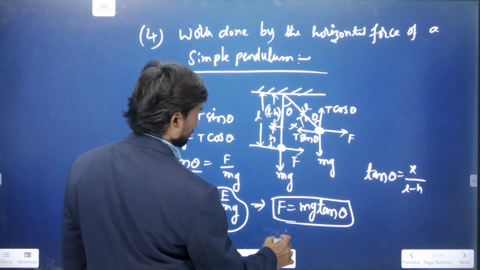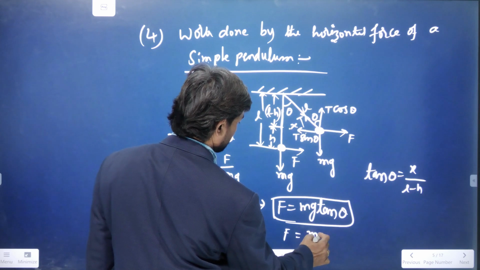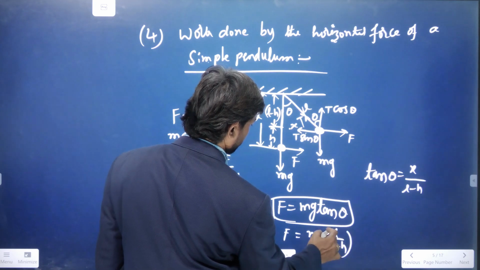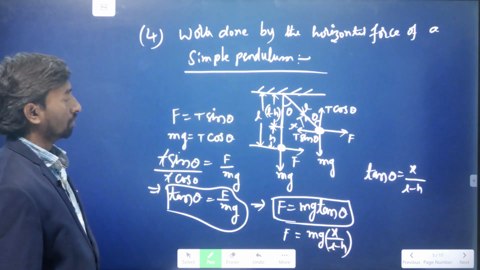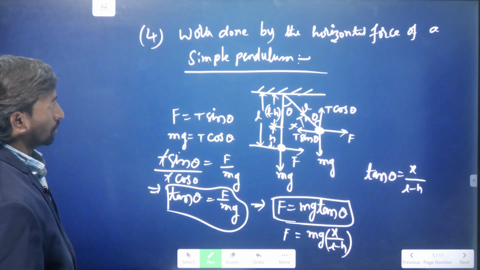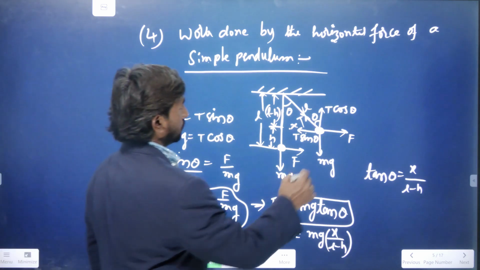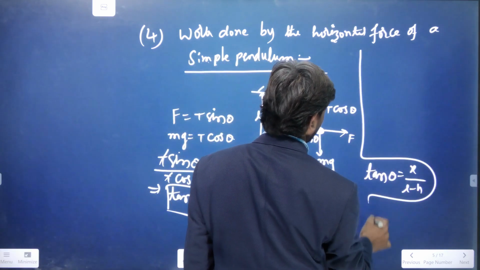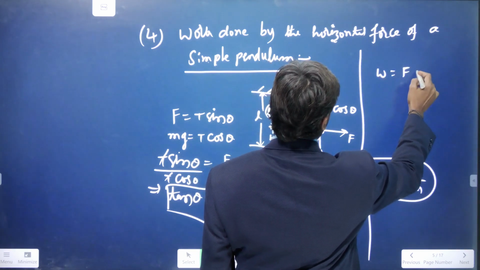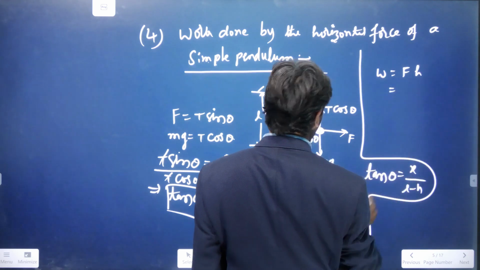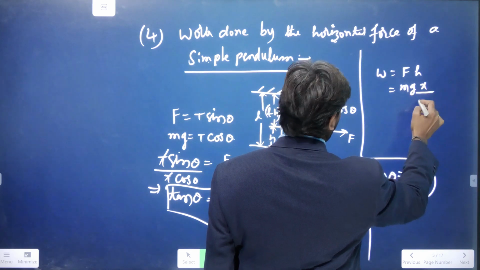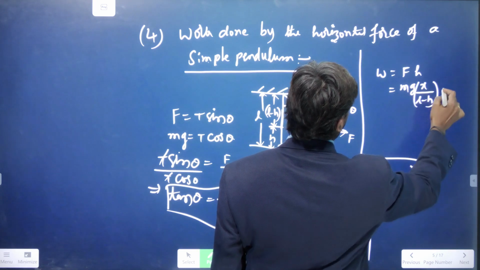So now the horizontal force can be written as mg into tan theta, which is nothing but x by L minus h. So now the work done. Work done W is equal to force into h. The force is what we got, mg into x by L minus h, into h.